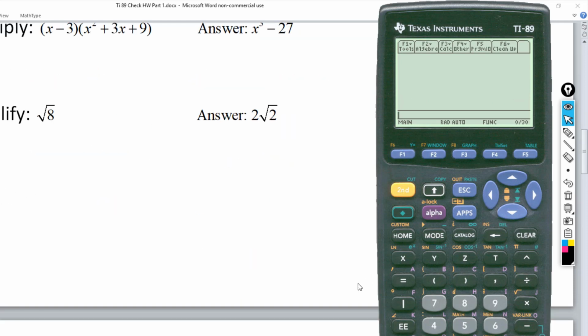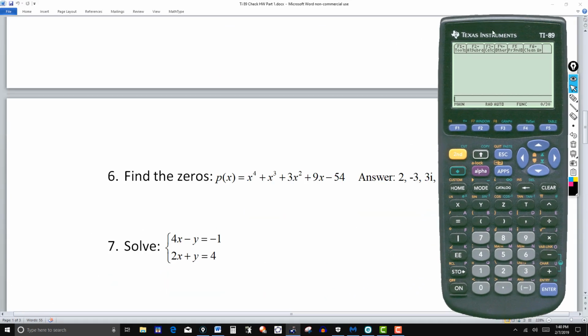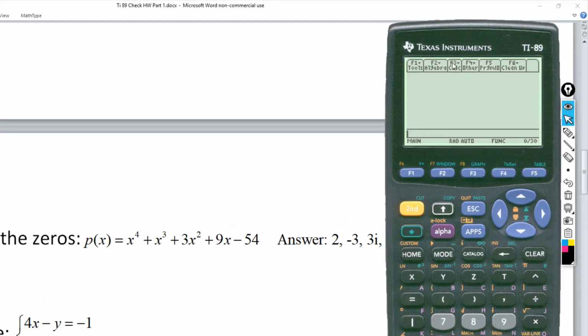Okay, find the zeros of the polynomial here. So go to F2. And then complex.